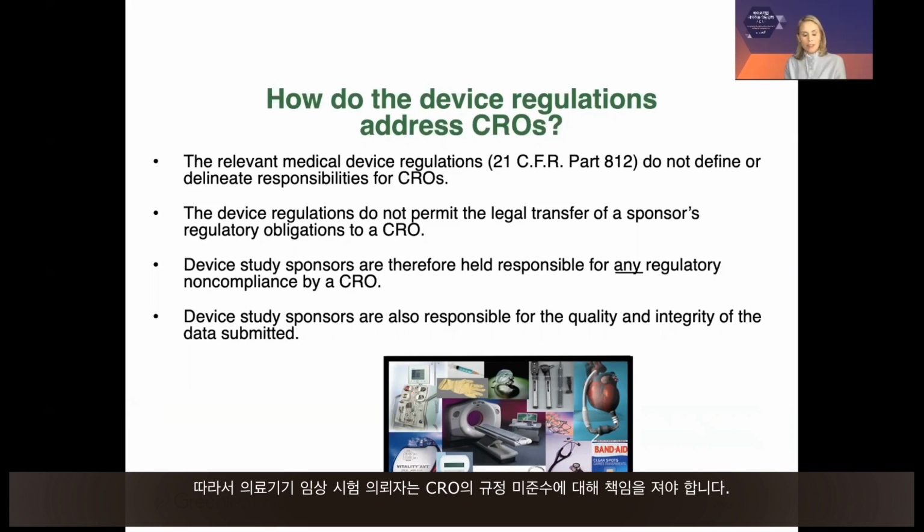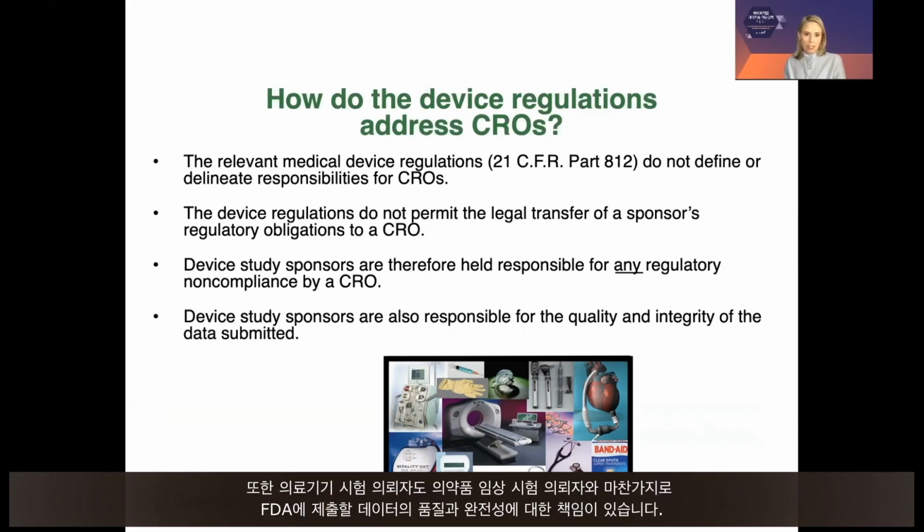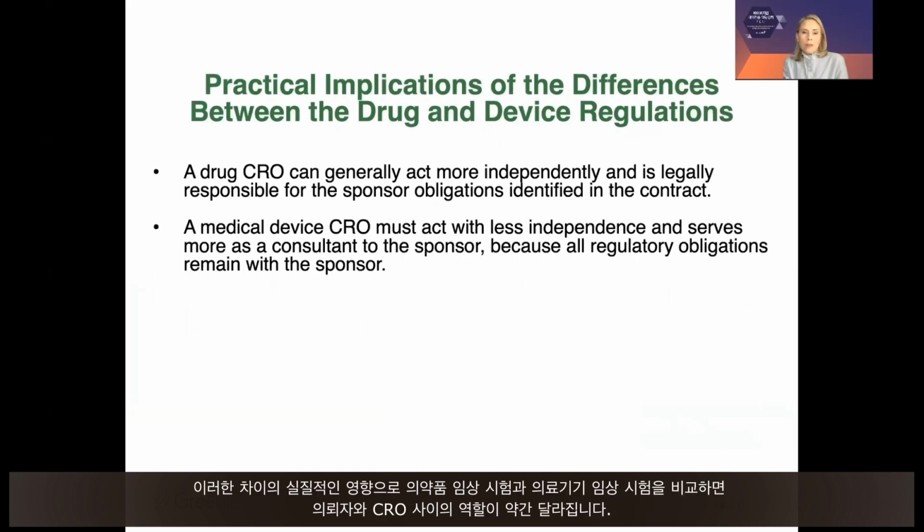So therefore, a device study sponsor remains responsible for any of the regulatory non-compliance by a CRO. And similarly to drug study sponsors, device sponsors are also responsible for the quality and integrity of the data that is submitted to FDA.